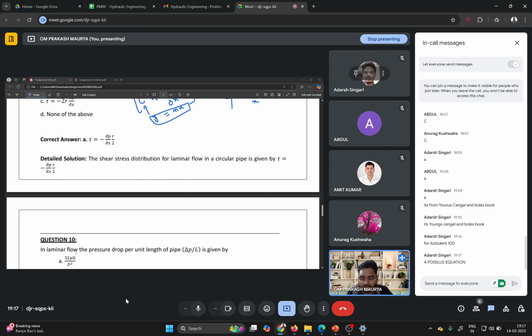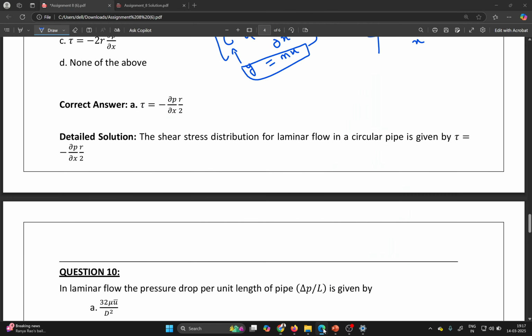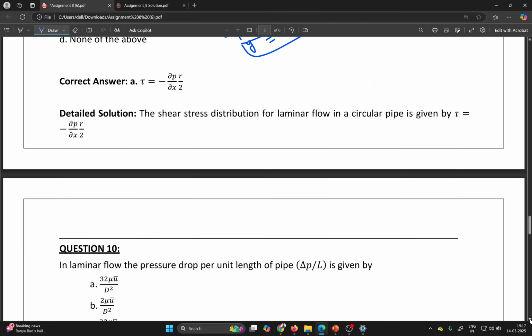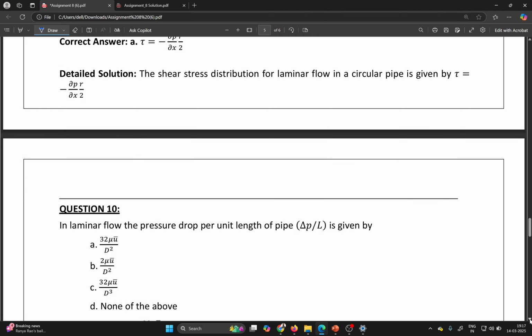For question number 10 you are telling, let me read the question. In laminar flow, the pressure drop per unit length of pipe, del P by L, is given by: option A, 32 mu U average by D square; option B, 2 mu U average by D square; option C, 32 mu U average by D cube; option D, none of the above.